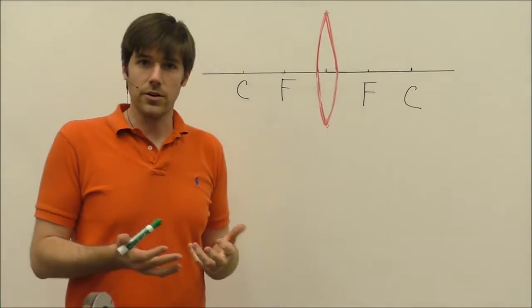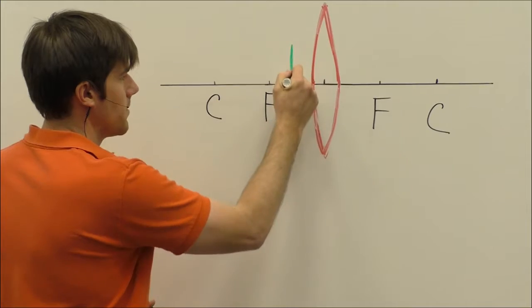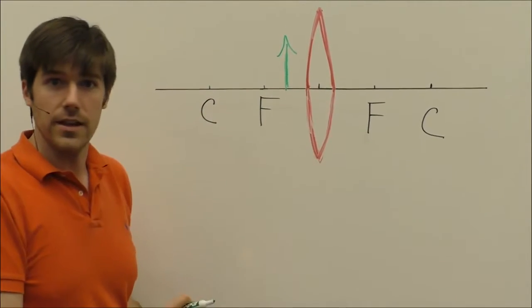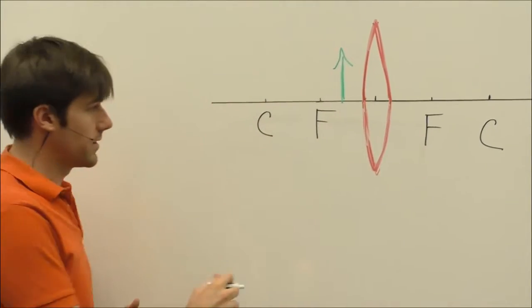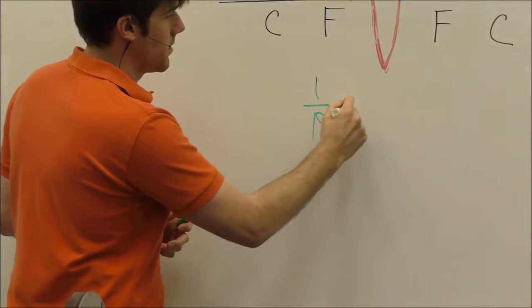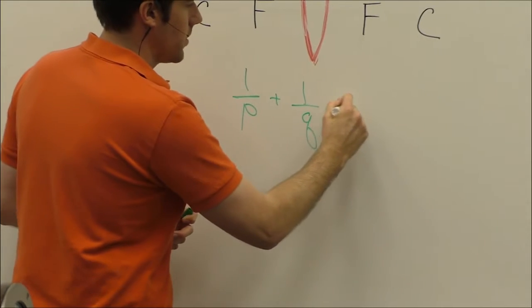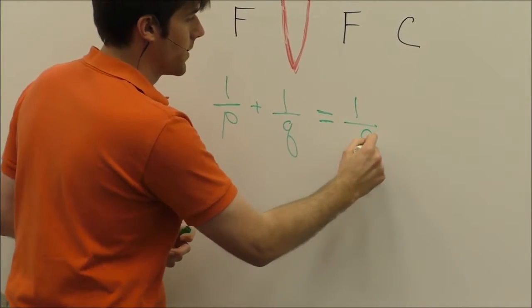And the first scenario we'll consider is when an object is located between the focal point and the thin lens. And mathematically, we can figure this out by the thin lens equation, which is just 1 over p plus 1 over q equal to 1 over the focal length.